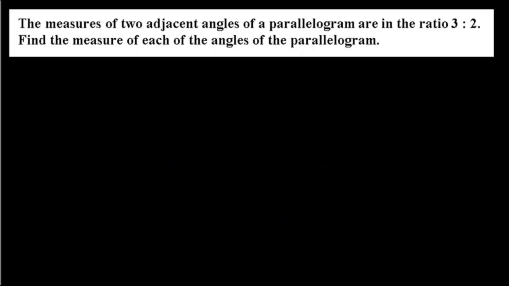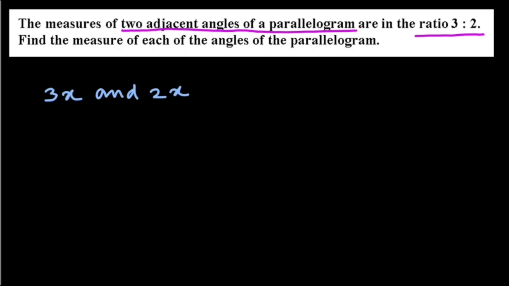The measures of two adjacent angles of a parallelogram are in the ratio 3:2. Find the measure of each of the angles of the parallelogram. The two adjacent angles of the parallelogram are in the ratio 3:2. So we will assume the adjacent angles of the parallelogram to be 3x and 2x.